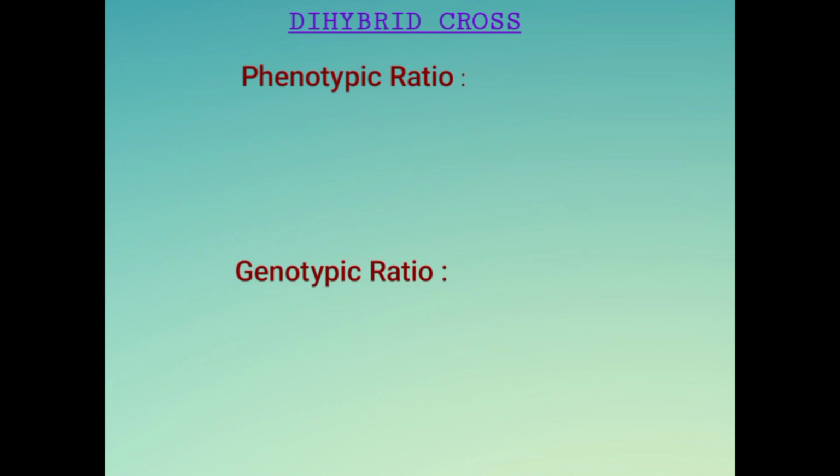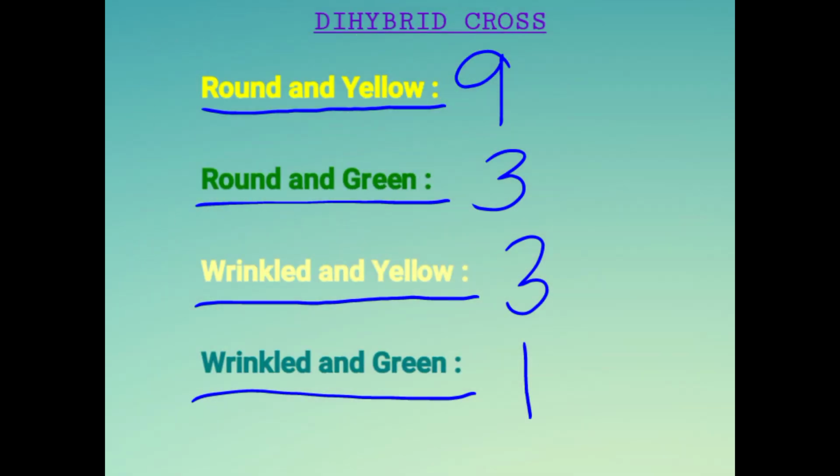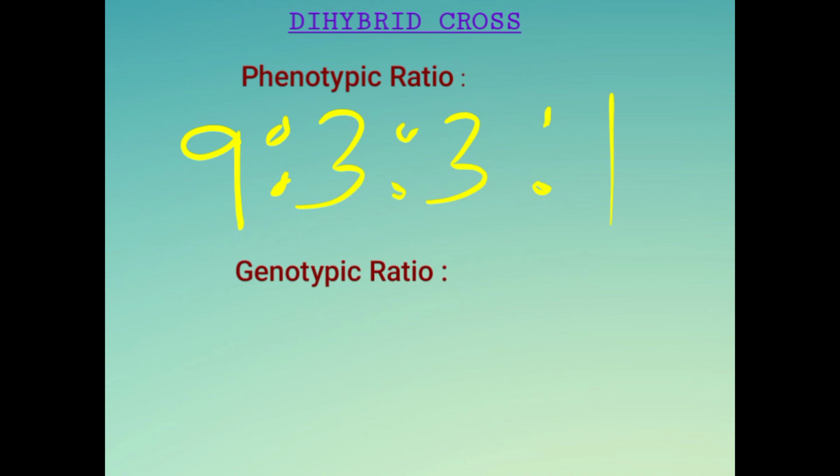Okay, now the phenotypic ratio and the genotypic ratio. Phenotypic ratio means the outer look. From the outer look only you have written all this: round and yellow 9, round and green 3, wrinkled and yellow 3, wrinkled and green 1. So the phenotypic ratio would be 9 is to 3 is to 3 is to 1.